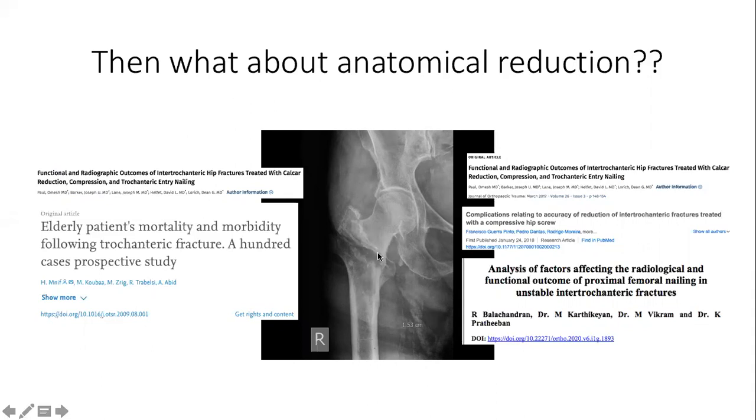This thin cortex is often not sufficient to prevent varus collapse. If we give a valgus or positive reduction, there is a decreased chance of varus collapse. So the outcomes seen in these studies are justifiable.